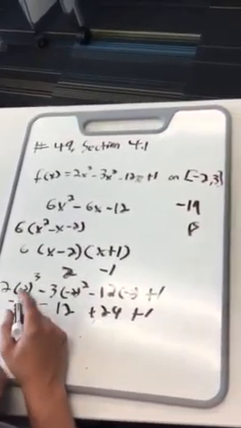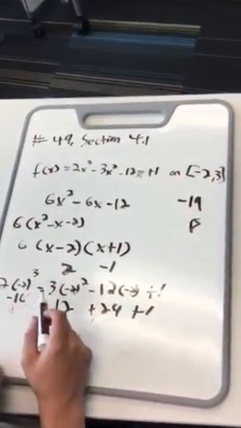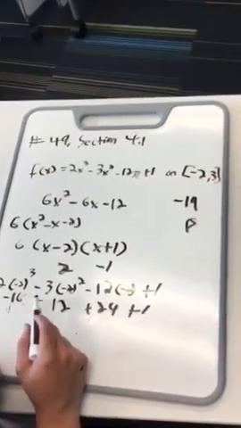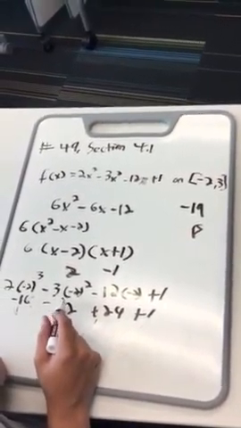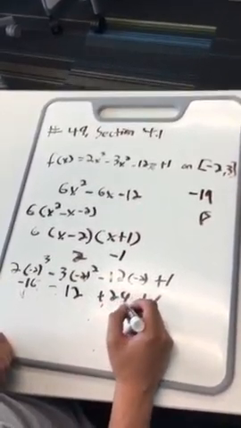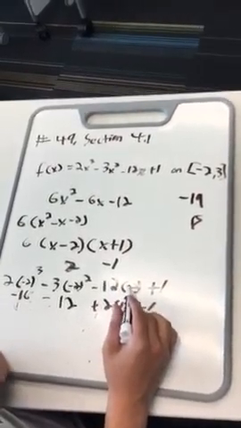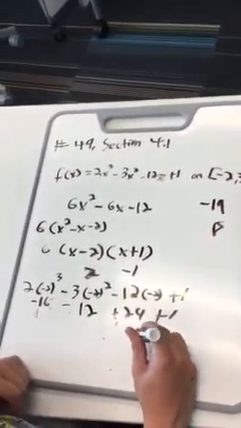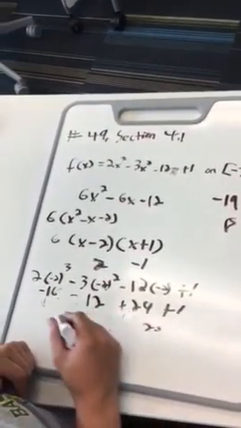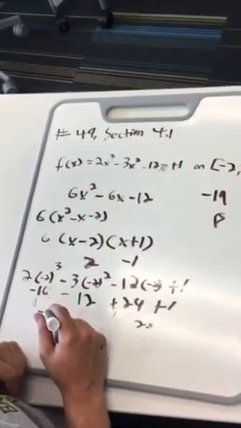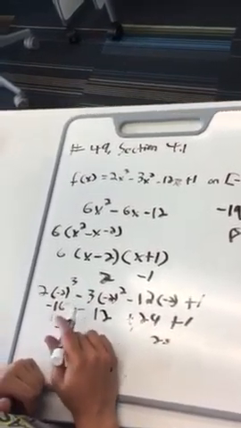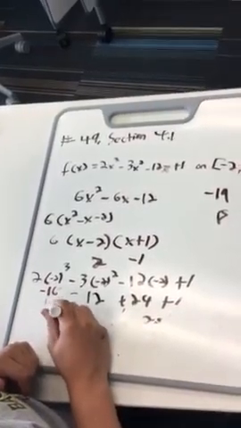So we just have to check. Negative 16 minus positive 12 plus 24 plus 1, so we would get 25. So negative 16 minus 12 would be negative 28.